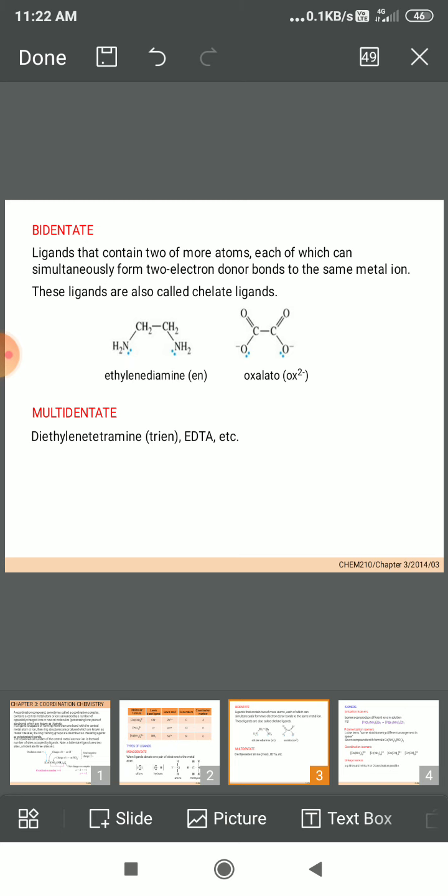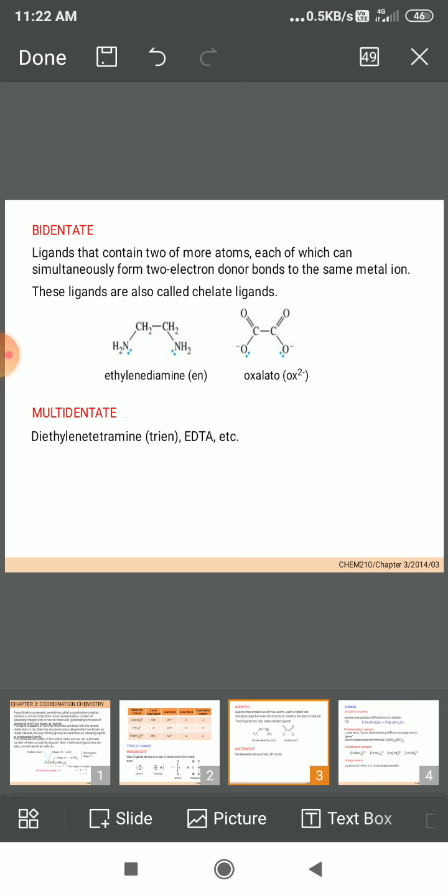For example, ethylenediamine (en). It contains two nitrogen atoms and there are two lone pairs on two different nitrogens. Then oxalato, ox2 minus. It also contains two oxygen atoms and two lone pairs.